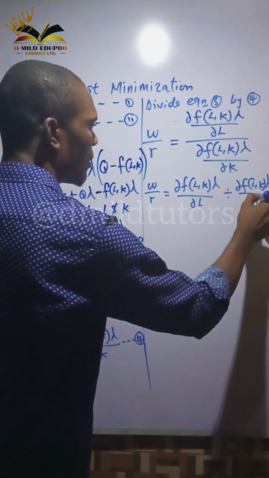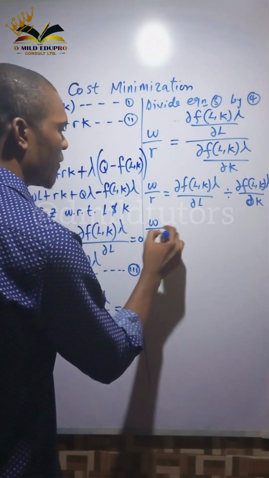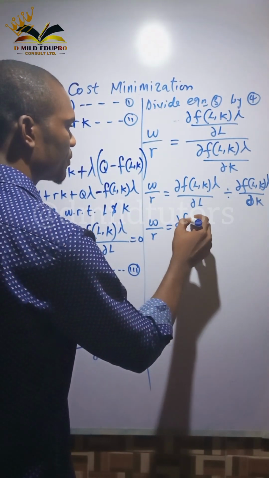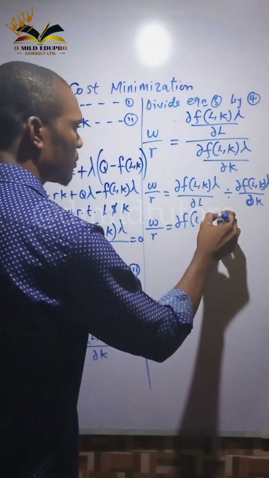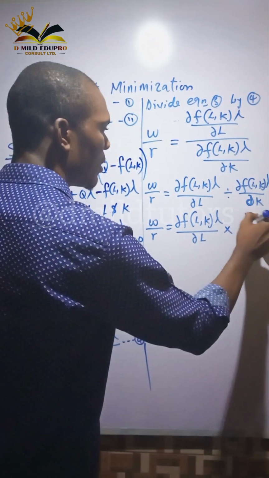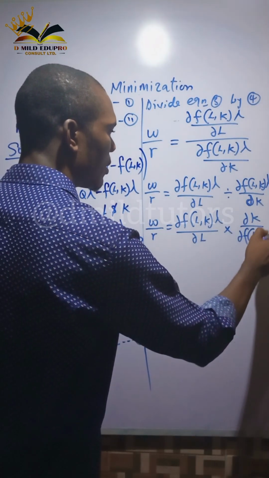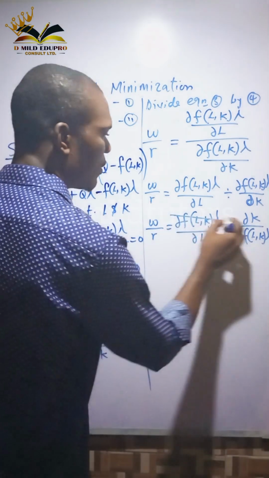Now we can swap this, so we have F of L, K times the K, all over F of L, K, lambda. The whole of this, we cancel.